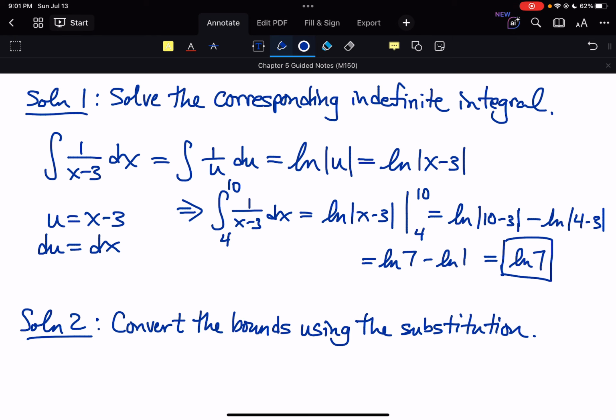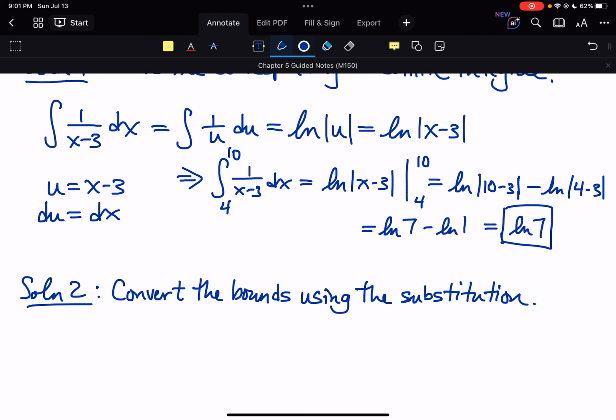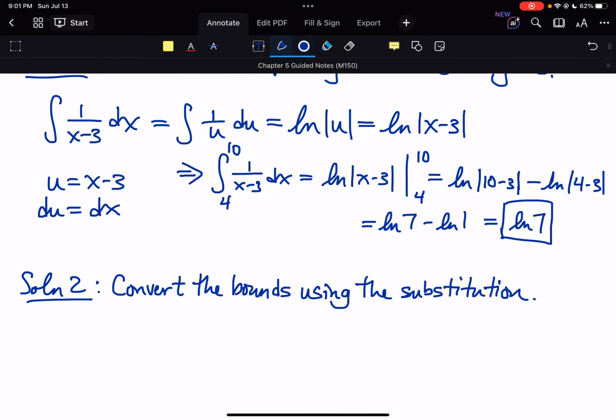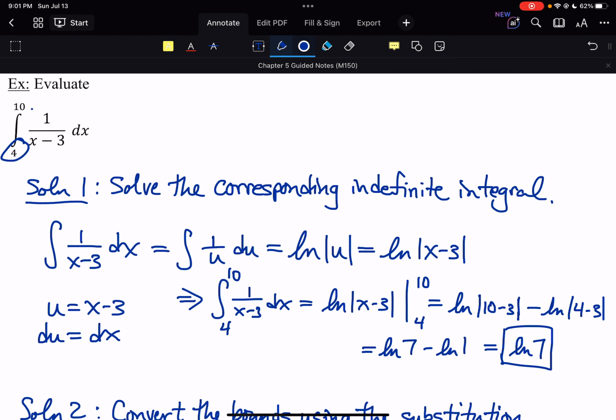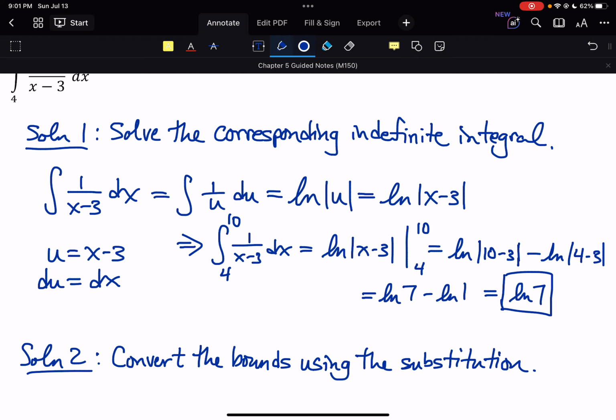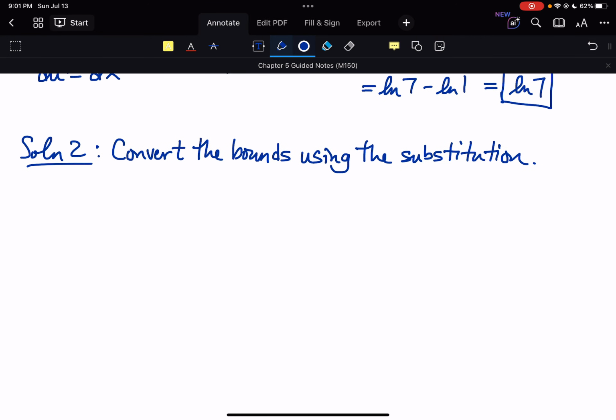So with this method, we're already converting all of the x's into u's. So the idea is we could take these x values of 4 and 10 and convert them into u values, and then just solve the whole integral in terms of u.